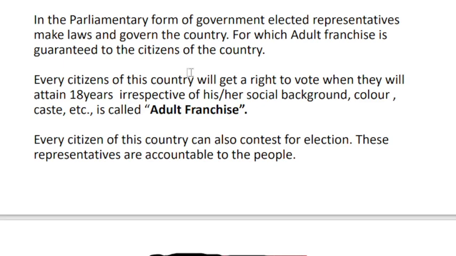They make laws and govern the country. Here the country and its people are governed by the representatives. So this type of government is called a parliamentary form of government.